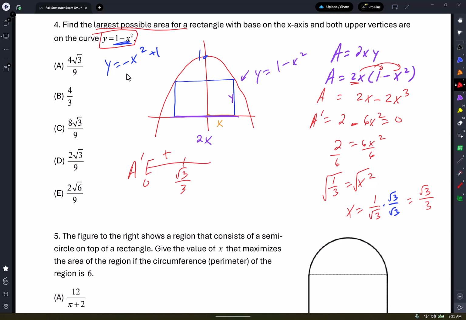If I pick a number like 1, which is bigger than square root of 3 over 3, 2 minus 6 is negative. So if A prime goes from positive to negative, that means that A must have a max. So I have a max here. A has a max at square root of 3 over 3.